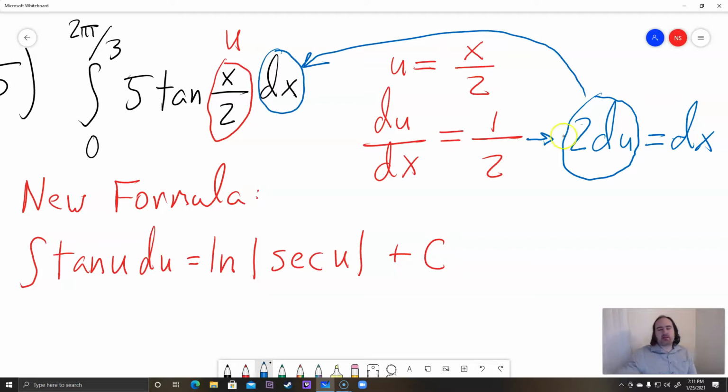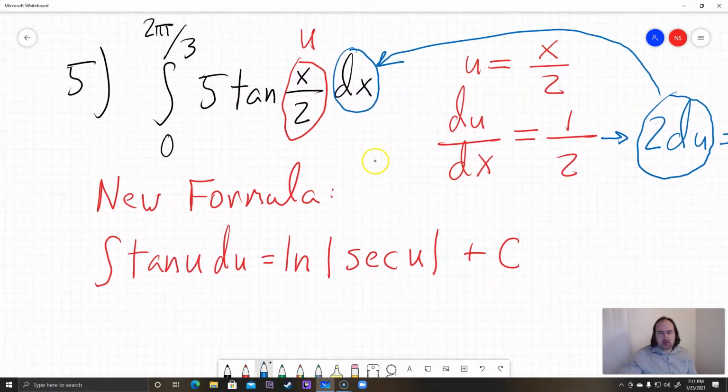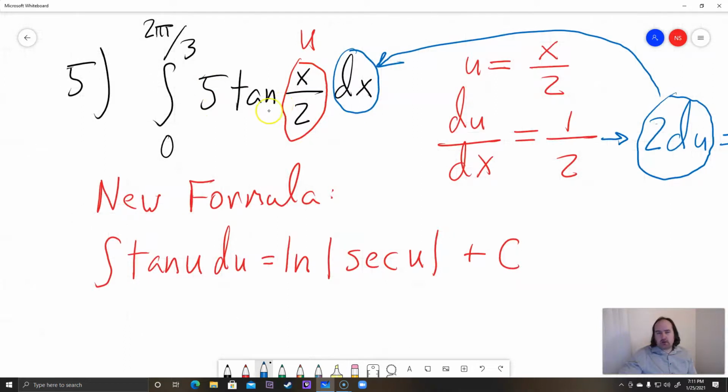What I'm trying to do here is get it in this form so that we can use our new formula. The form needs to be the integral of tangent of u du, and right now it's not quite in that form. So going back to our original integral, we can bring the 5 out front because it's a constant.